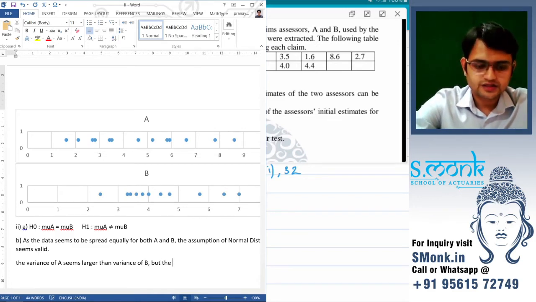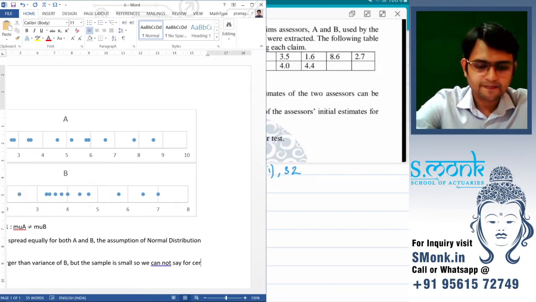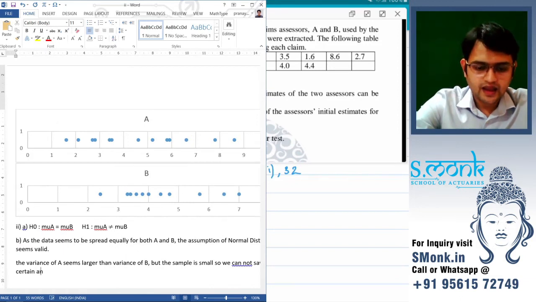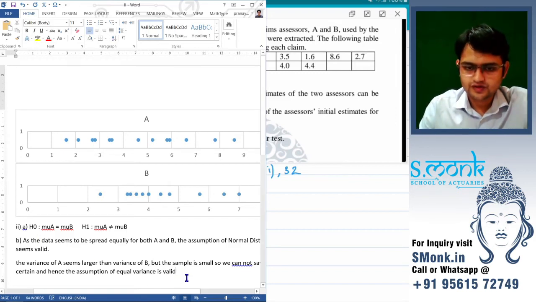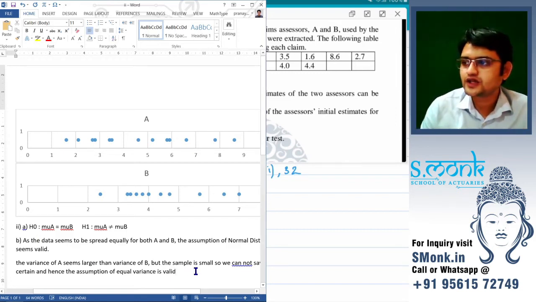The sample is small, so we cannot say for certain, and hence the assumption of equal variance is valid. This is what our conclusion is going to be just by looking at that diagram.